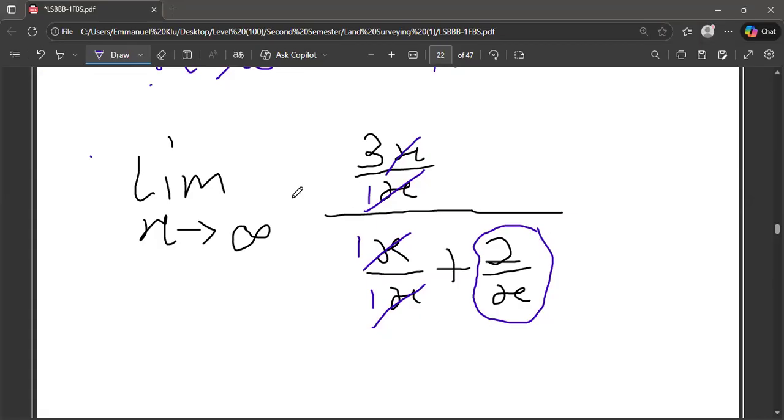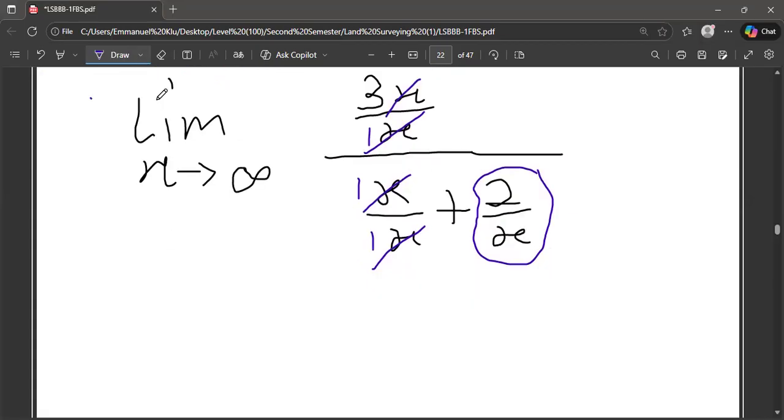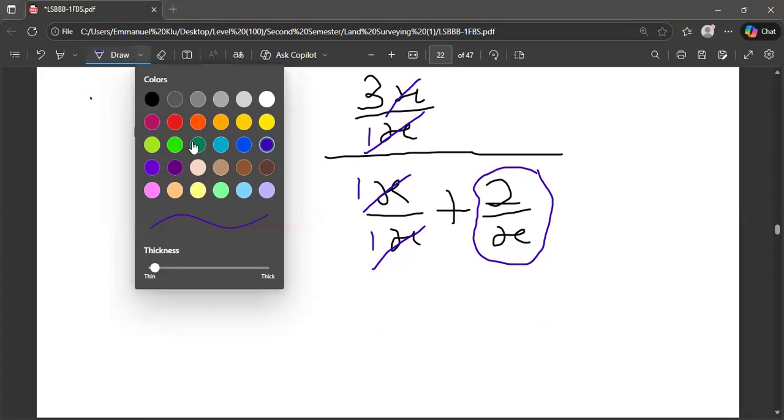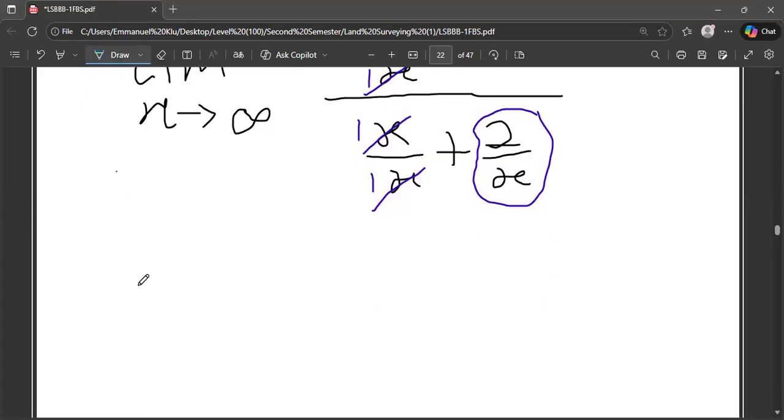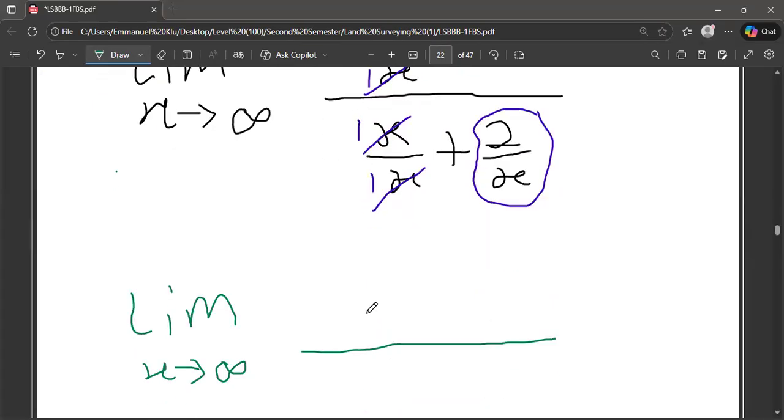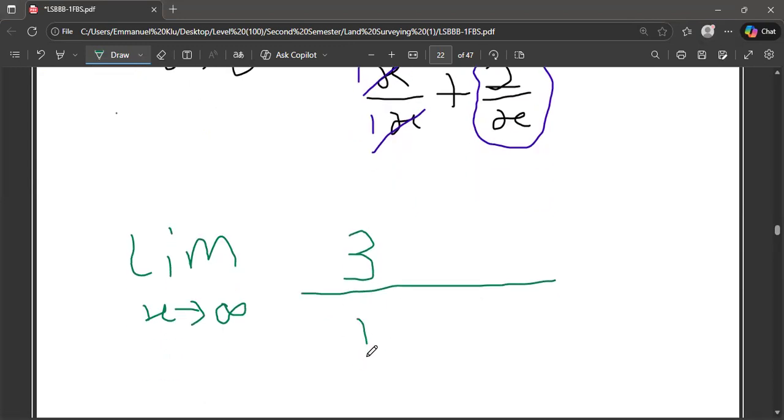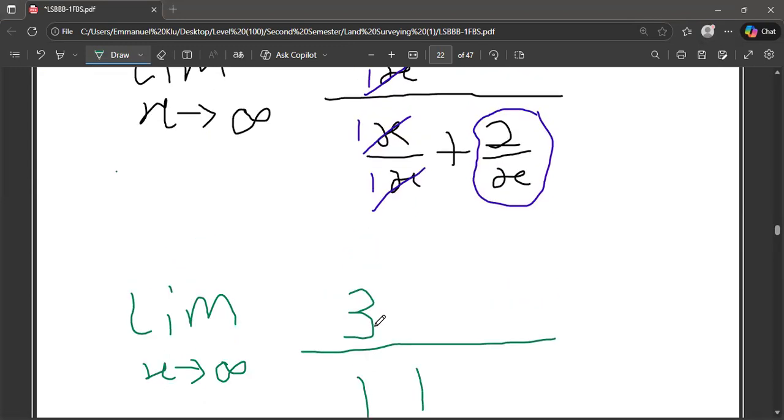So at the end of the day, you realize that our final answer is going to become limit as x approaches infinity of 3 over 1 plus 0.